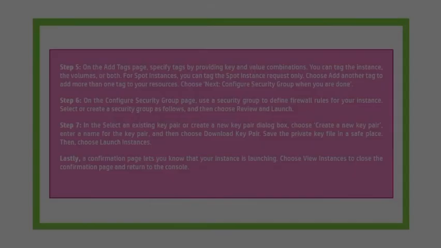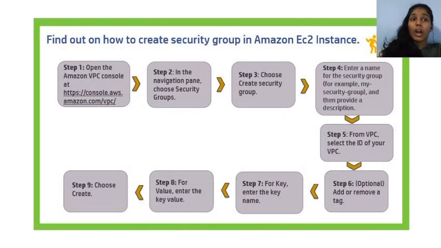Next, find out how to create a security group in an Amazon EC2 instance. First, open the Amazon VPC console at console.aws.amazon.com/vpc. Step 2: in the navigation pane, choose Security Groups.